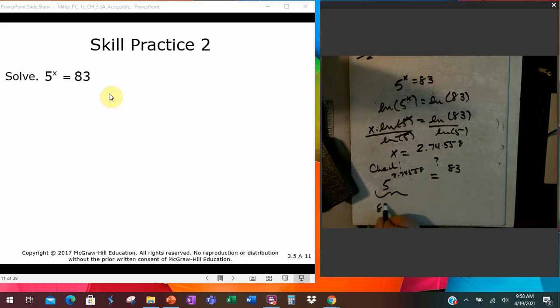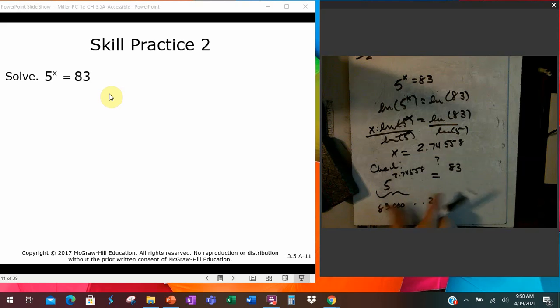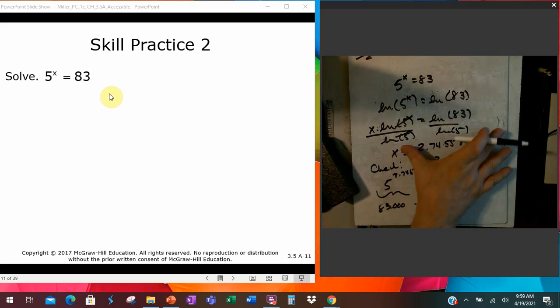I get 83.000, which is very close to 83. I just need to go out more decimal places to get it as close as I want to 83. It may not ever actually equal 83, but I can get it as close as I want by taking this out to more decimal places. And that's pretty close.